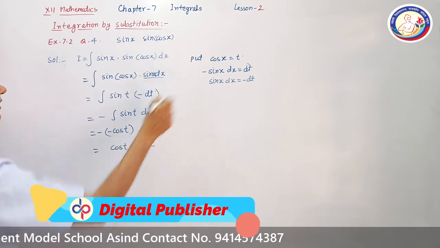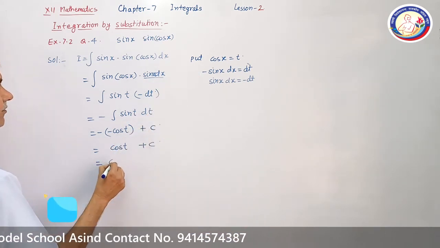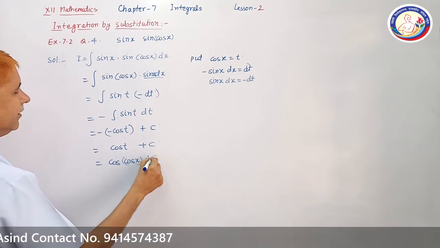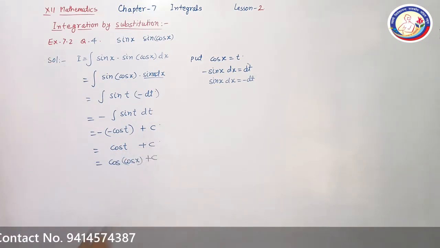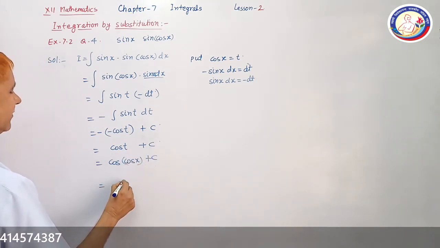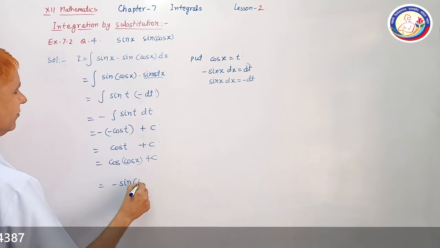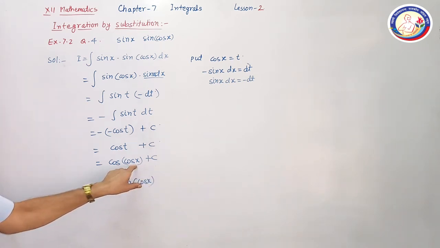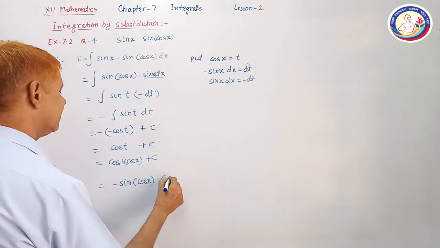And what is t here? It is cos x. So cos of cos x plus c. You can check within seconds. Differentiating cos of cos x, it will be minus sin of cos x. Again differentiate cos x with respect to x, it will be minus sin x.